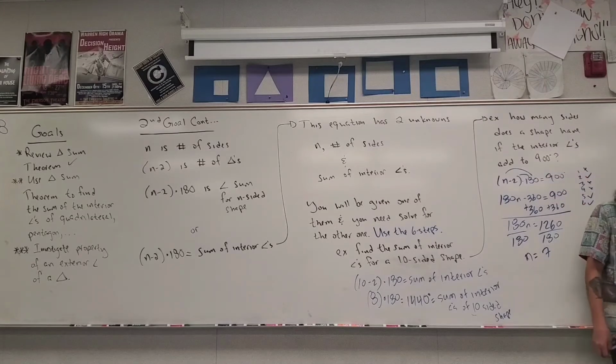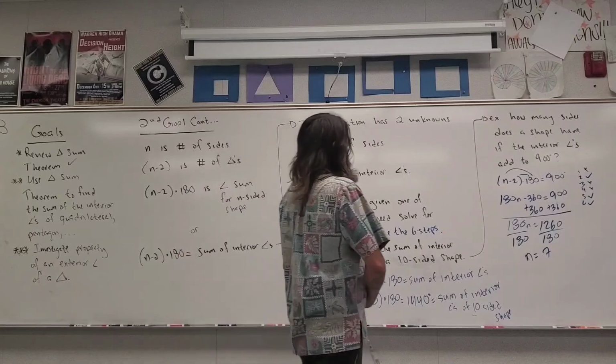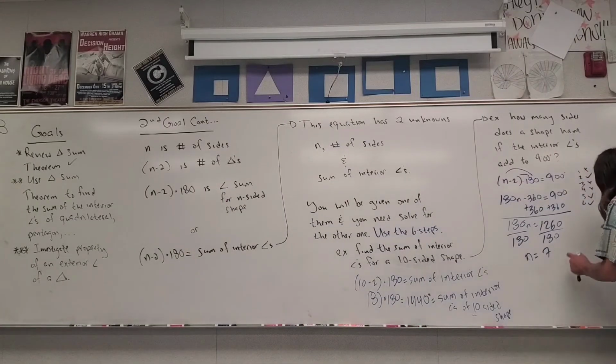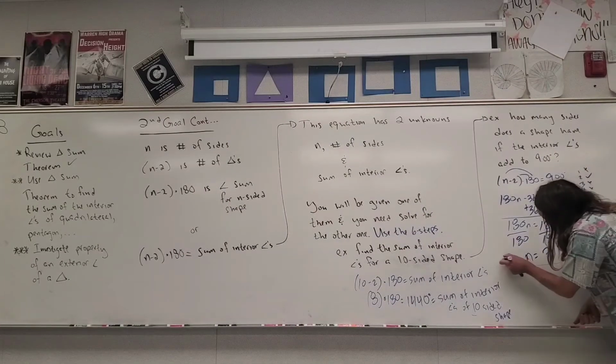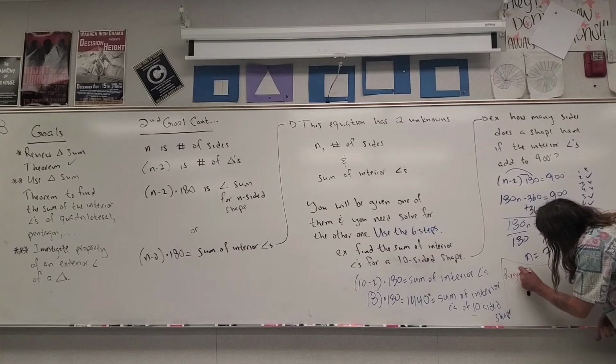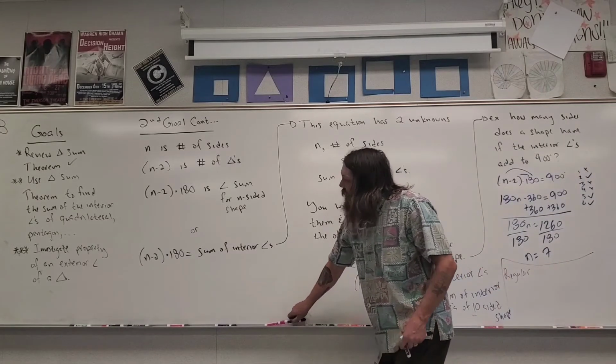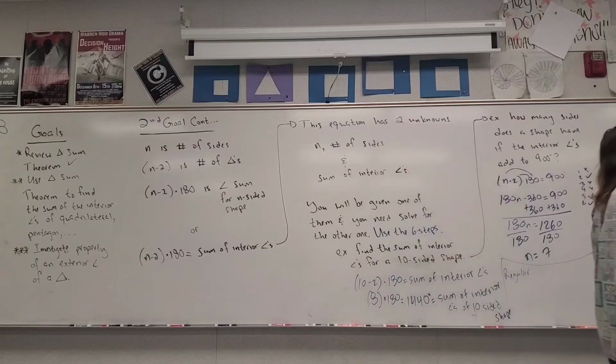Now, there's one more wrinkle on this problem, and I think I have enough space to finish it. And that's if you see the word regular. When you see the word regular, it's a real fancy way to say all angles are the same size.